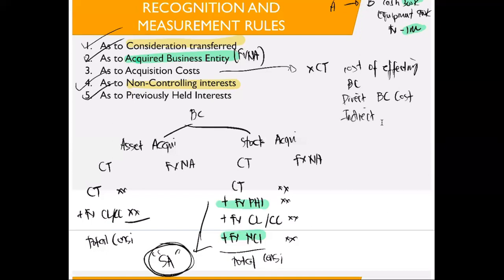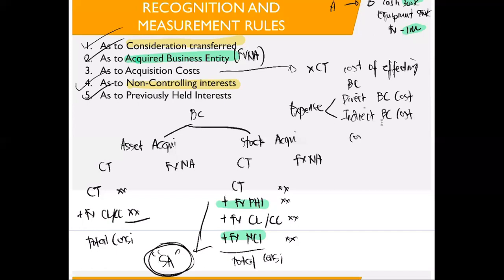This is again composed of your indirect business combination costs. Okay. So whether it is a direct attributable cost or indirect attributable cost, what is the treatment? We should expense it. Direct or indirect business combination costs should be expensed.